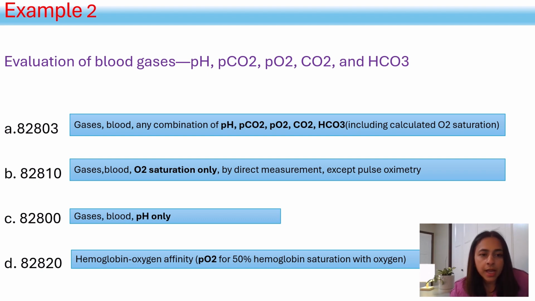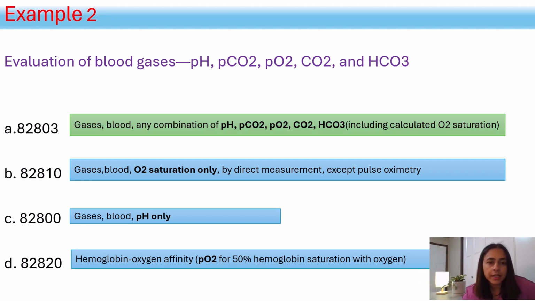Option B has oxygen saturation only, option C has pH only, and option D has PO2. So B, C, and D don't match our question. The answer is option A. Gases, blood, any combination of pH, PCO2, PO2, CO2, SCO3.